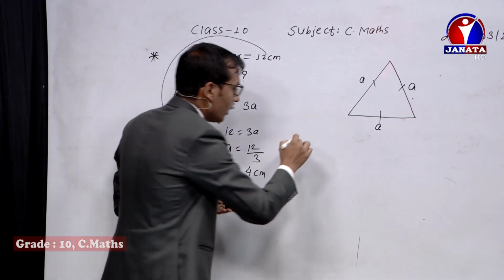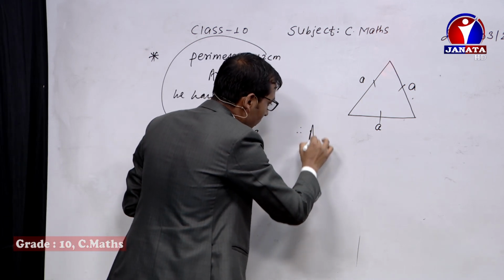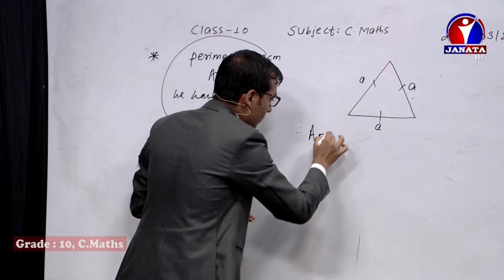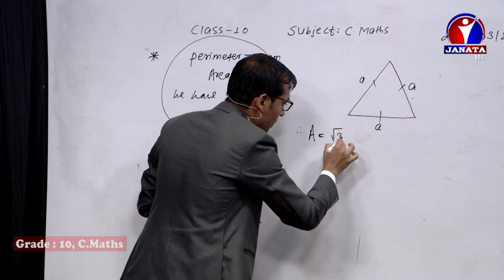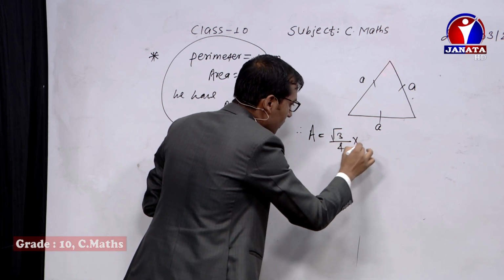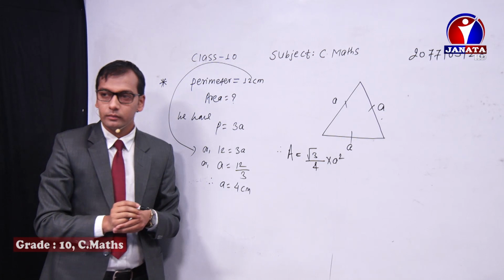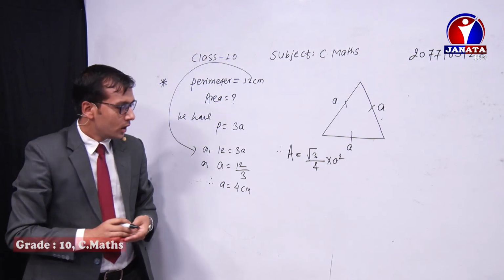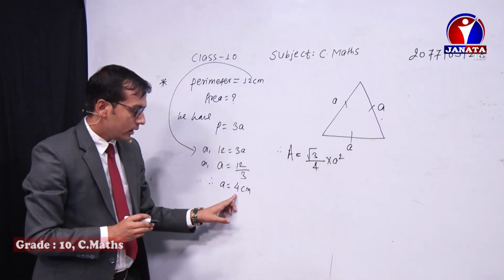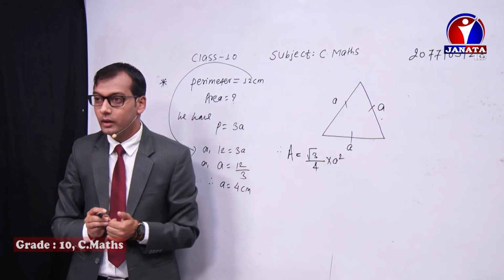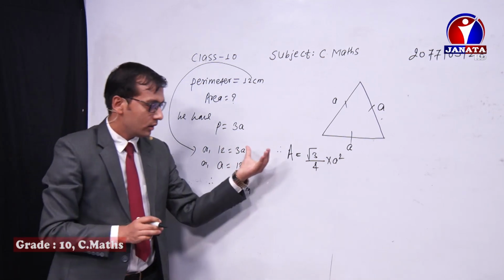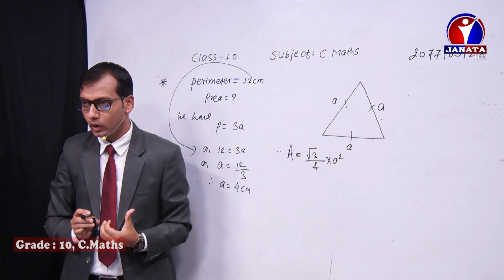So what is the formula for the area of an equilateral triangle? The area of an equilateral triangle is square root of 3 over 4 times side squared. Simply we can put A as 4, and we can calculate the area. So let's do it. It's similar to the previous one.